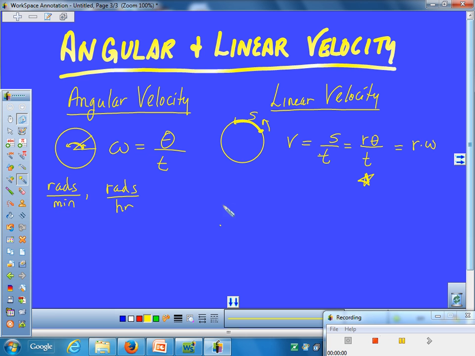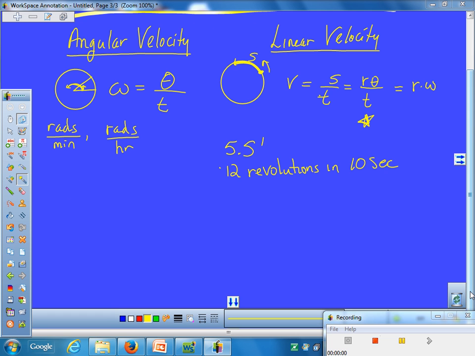Okay, last year I usually have y'all do this, but we don't have time here. I had a student with a wingspan, their arms were 5.5 feet from fingertip to fingertip, and he did 12 revolutions in 10 seconds. If I asked what's his angular velocity, how much angle did he do?